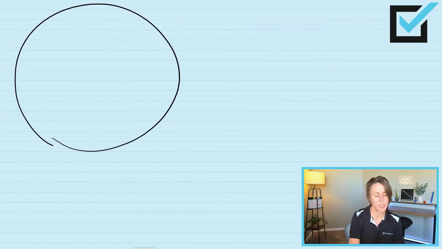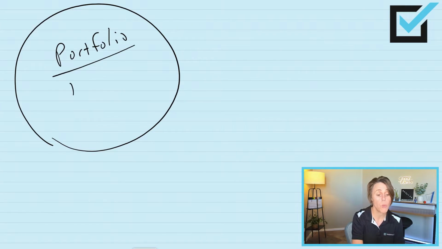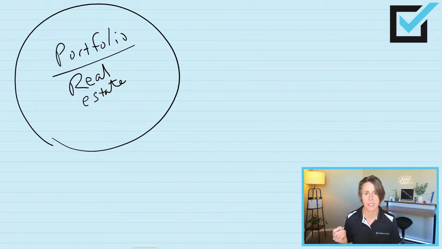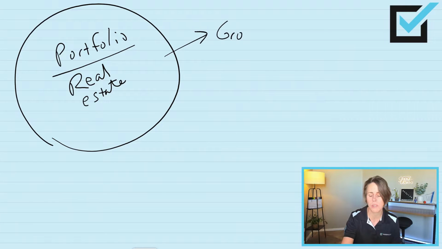So with this question, in our portfolio we have real estate because it's a REIT, but this would be true of an open-end mutual fund as well. The question is, how much of the income earned by the portfolio must be distributed to the REIT shareholders in order for the fund to avoid double taxation? You look at the fund's gross investment income.